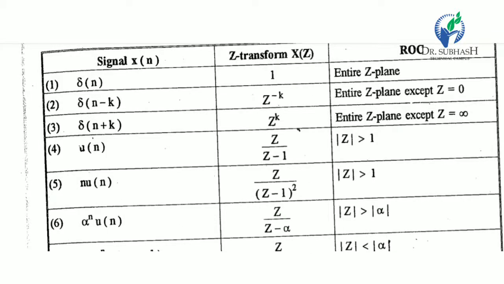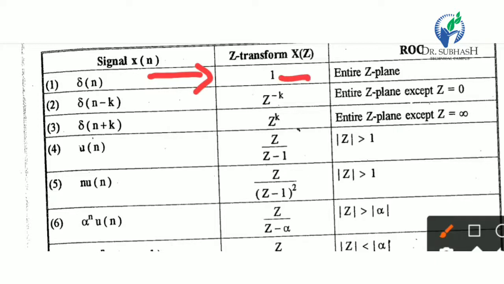So again we summarize the signal, its Z transform and the ROC. The signal delta n, the Z transform is 1 and the ROC is the entire z plane. So it is the unit impulse function.